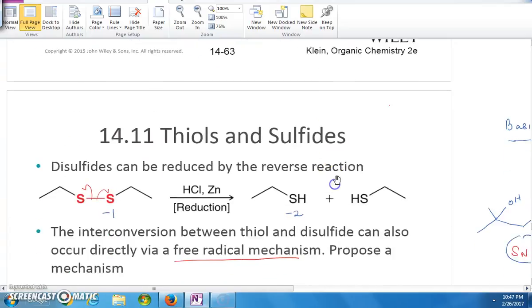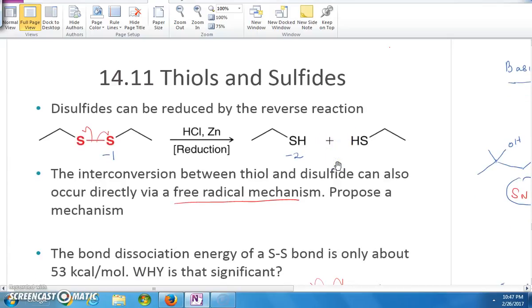Okay. And disulfides can be reduced by the reverse reaction to the thiols in the presence of zinc dust in acid. That's a reduction. Again, you can see that the oxidation state goes from -1 to -2.